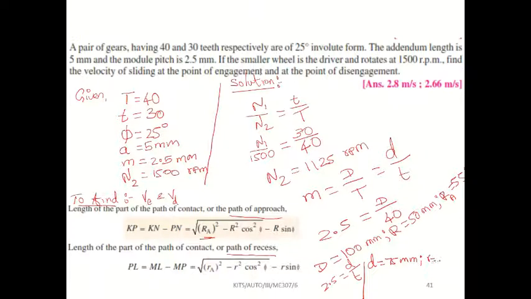So R value will be 37.5 mm. So RA will be 37.5 plus 5, 42.5 mm. Okay.